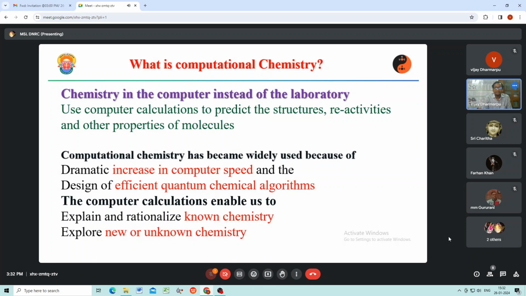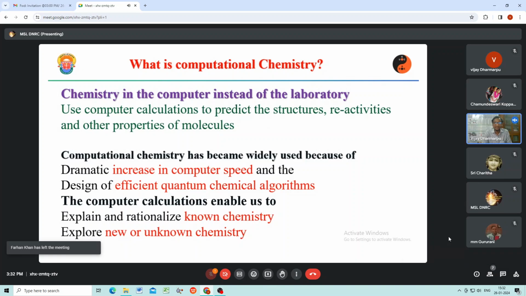While we go for chemistry, we need a laboratory. Instead of that laboratory setup, we need one computer with a high configuration, internet facility, internal graphic cards, internal RAM, supporting GB memory and everything.